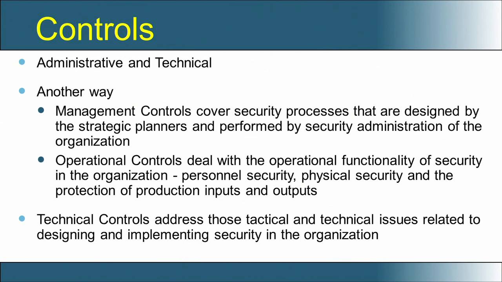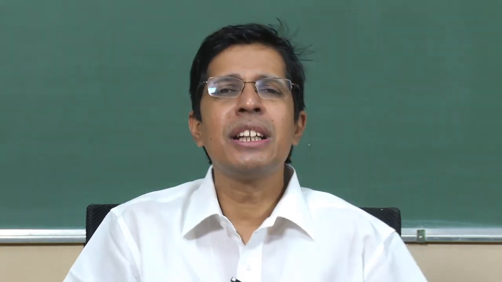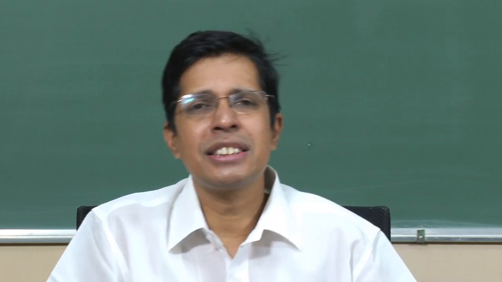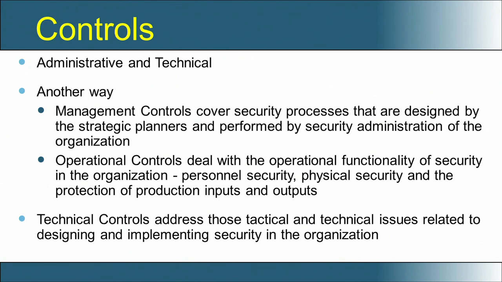Now, another way of looking at administrative control could be to partition it into two parts, namely the management controls and the operational controls. The management controls cover security processes that are designed by the strategic planners and performed by the security administration of the organization, while the operational controls deal with the operational functionality of security in the organization, namely personnel security, physical security, and the protection of production inputs and outputs.